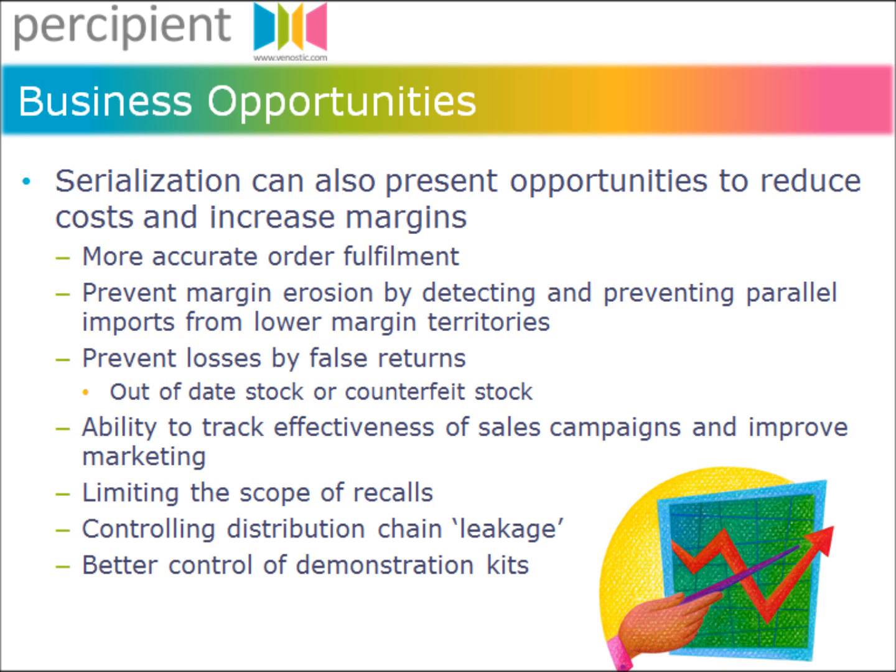In a lot of instances, counterfeit product is actually introduced into the supply chain through false returns. So there are stories of counterfeit product being received back by a pharmaceutical company, that's then sent off for destruction by a third party, but instead of being destroyed, it ends up coming back again as another return and for another reimbursement.